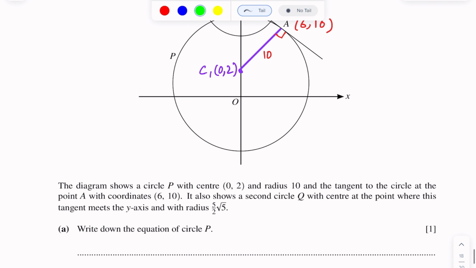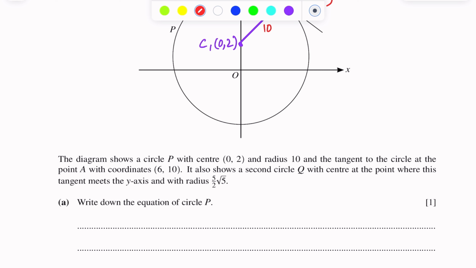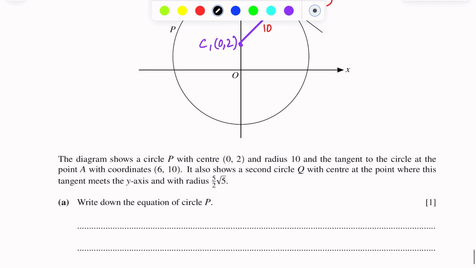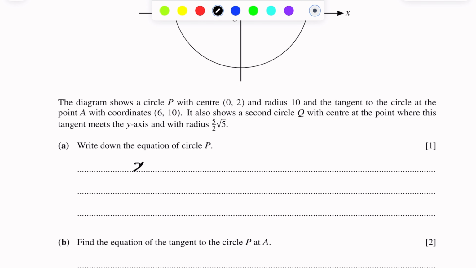Center is 0, 2 and radius is 10. This is the equation of the circle. Equation of circle is x minus a whole square plus y minus b whole square is equal to R square.